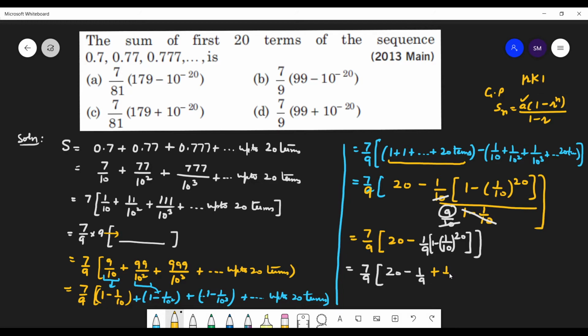And what do you get? 1 by 2 plus 1 by 4 plus 1 by 8 and so on. But how many terms will it have? N terms. And here also you will have n terms, right? So what is the sum of these n terms? 1. So sigma.